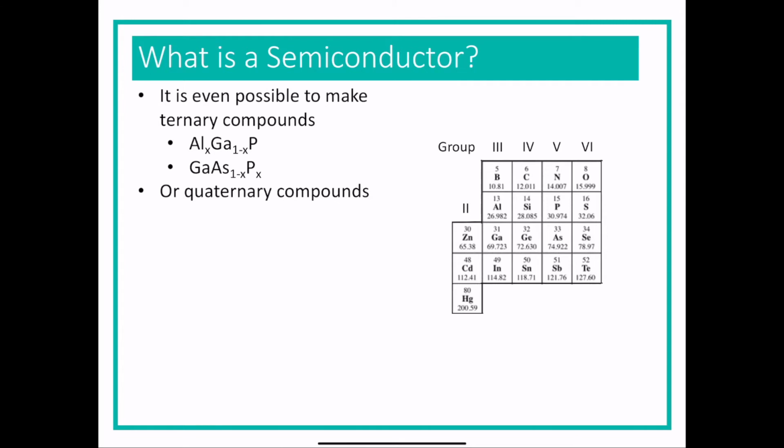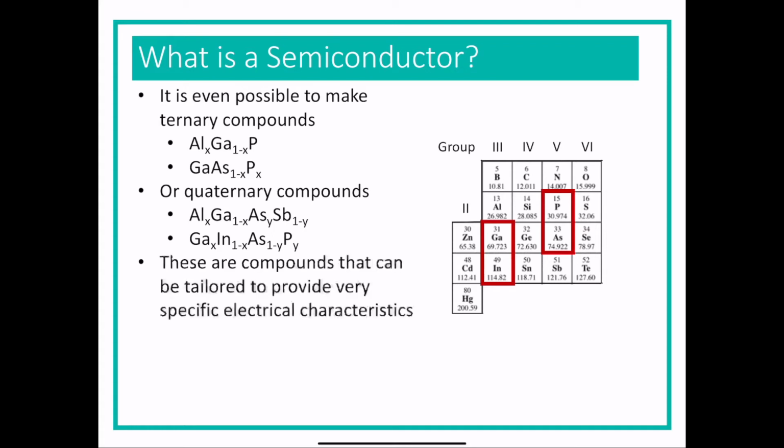So anyway, you can make 4 compounds where basically you take the group 3 and proportion it, and the group 5 and proportion it. You can do the same thing with several compounds. And the reason that this is done, and we really don't talk about how this is done until way, way, way later in the course, is because you can tailor a compound to have very, very specific characteristics by doing this.